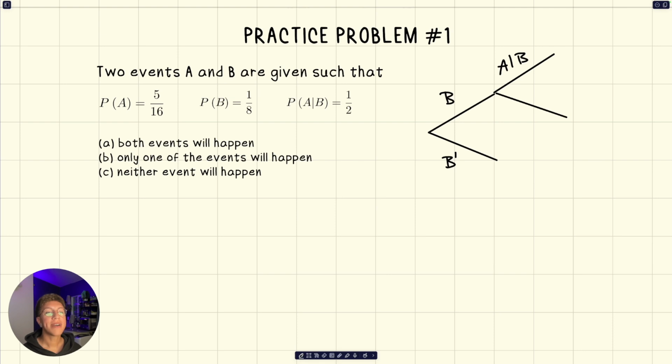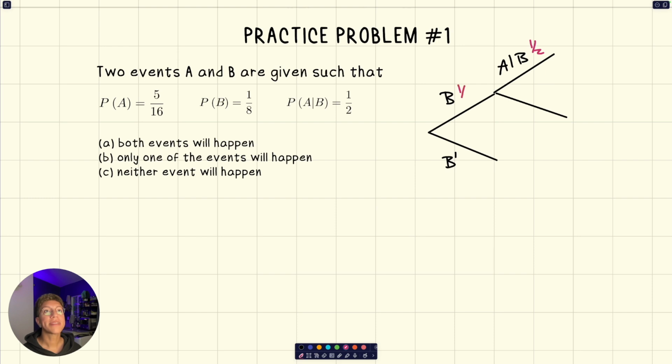So by orienting our tree diagram in a specific way, we can fill in probabilities. And the more of this diagram that we can fill in, the easier it will be to solve the rest of this question. So we're going to say a 1/2 here.